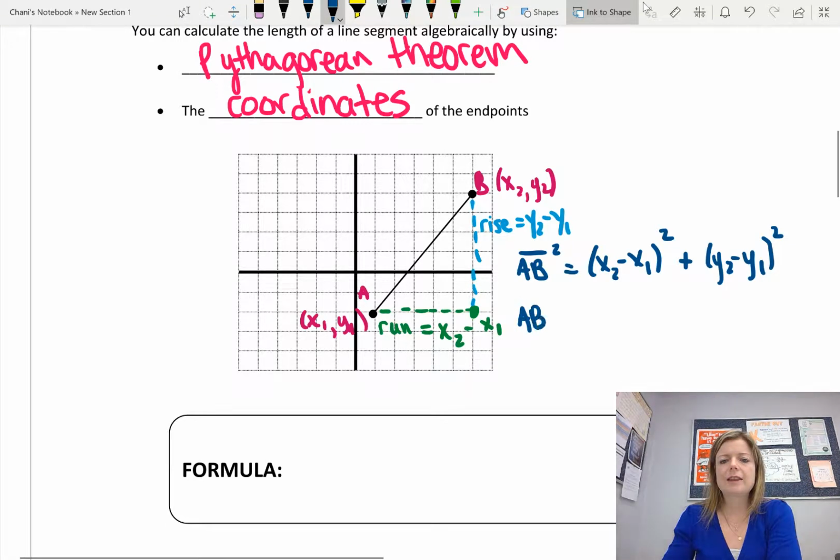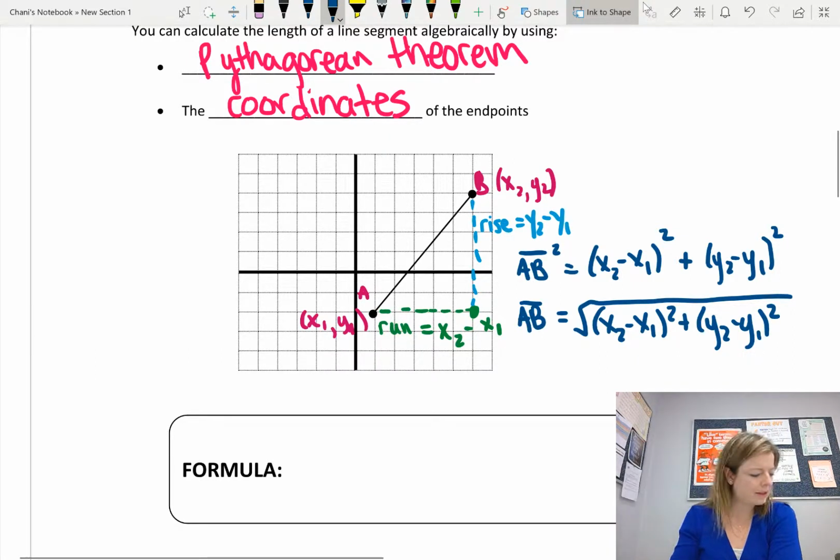So to get the length of AB by itself, we need to put a huge square root over this, and we have our equation. So this is the formula.